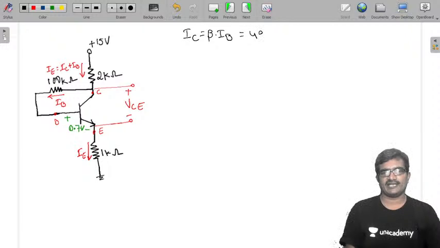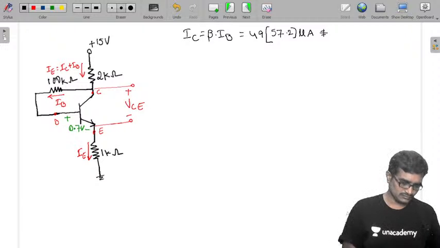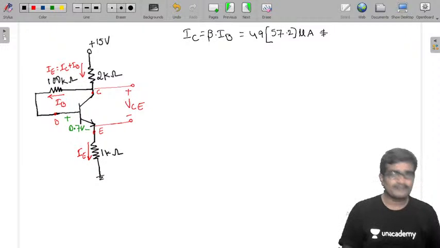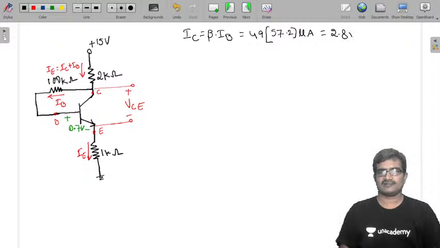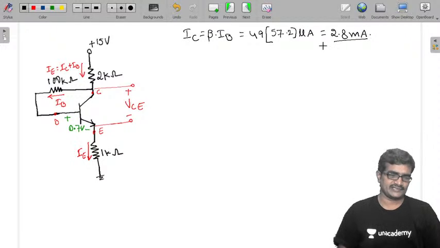Beta is 49 into the IB value of 57.2 microamperes, which is 2.8 milliamperes.